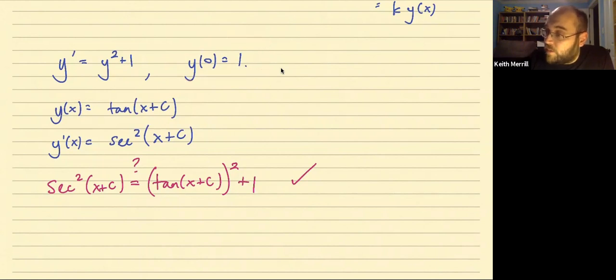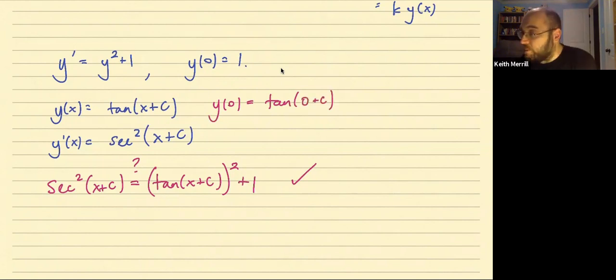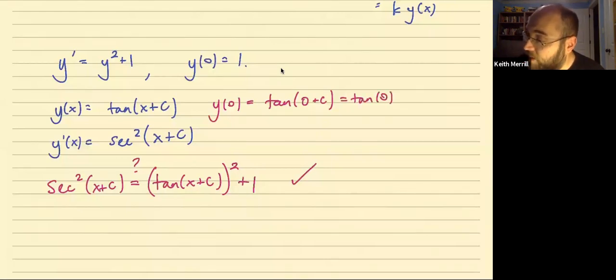So let's take a look. Well, y of 0 is tangent of 0 plus c. Let me write that so it's clearly a 0 and not a theta. Tangent of 0 plus c, but on the other hand, we wanted this to be 1. So 1 is y of 0.